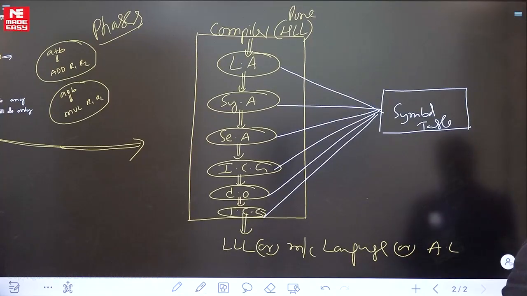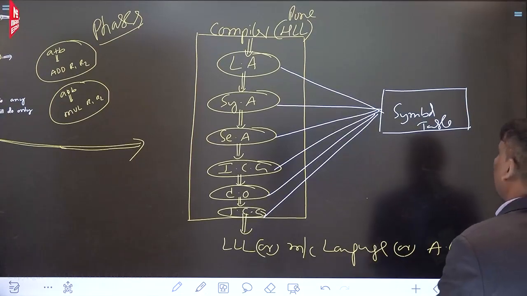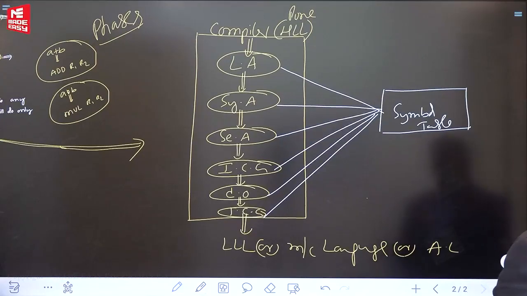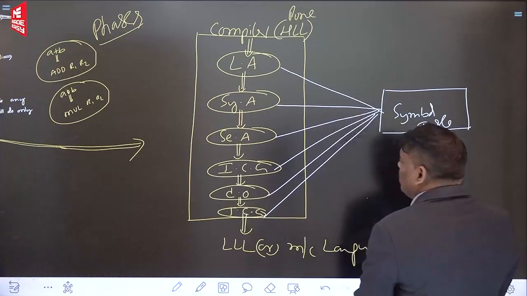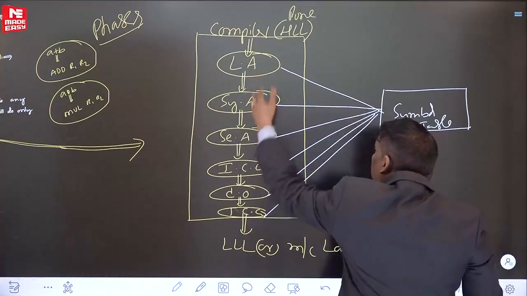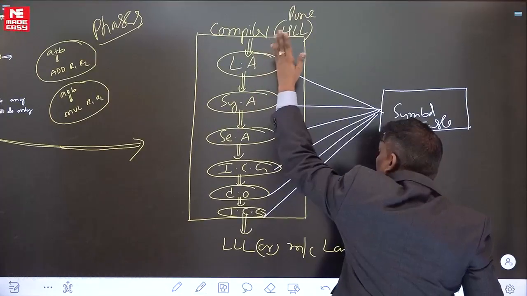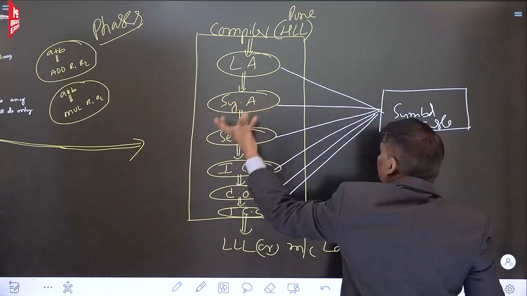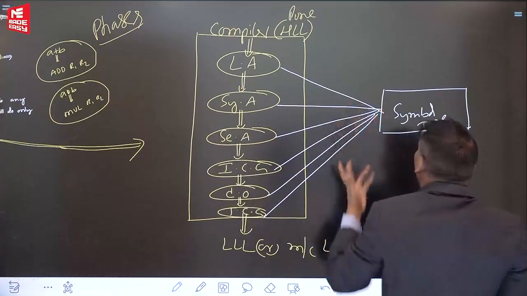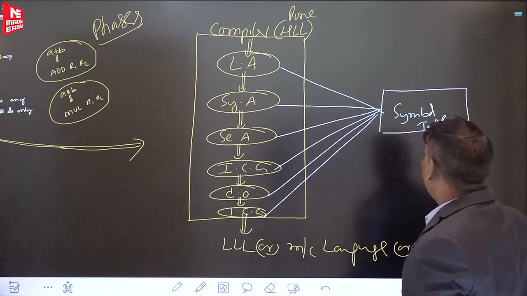Some people are asking, sir, who can store? The lexical analyzer can store, the syntax analyzer, anyone can store. While compilation is going on, any one of these 6 can store in the symbol table.